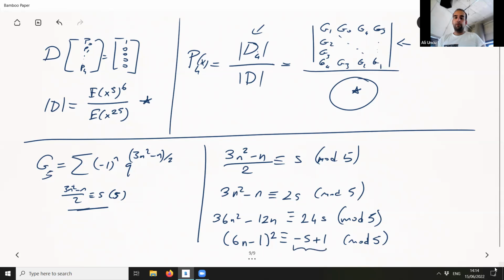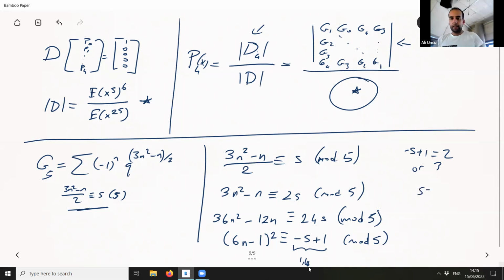So this can only be 1 and 4 for us to be able to find an answer in n. So if this minus S plus 1 is 2 or 3, we won't really have any answers. Am I doing right? Yes, plus 1 minus 1, 4.